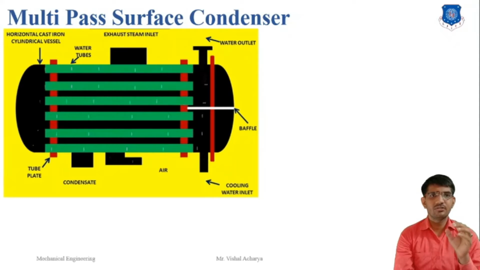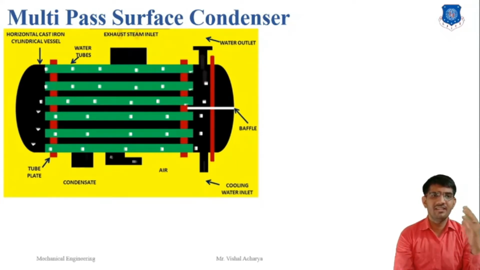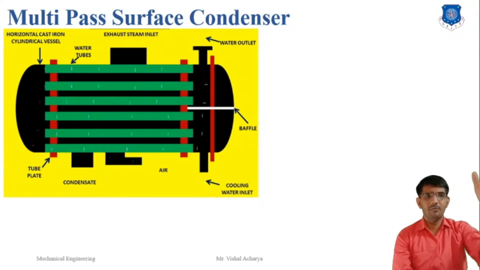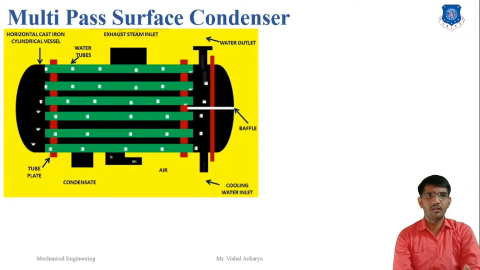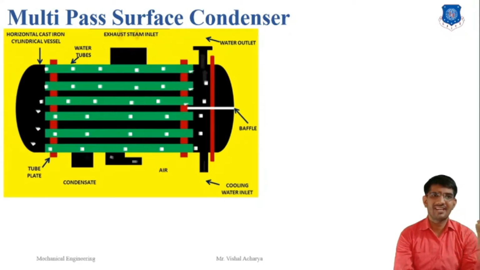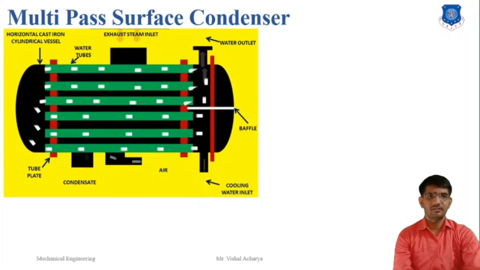The exhaust steam from the turbine or engine enters at the top and moves downward due to the suction of the air extraction pump. In the condenser, the cooling water enters through the lower half of the tubes in one direction and returns in the opposite direction through the upper half, as shown in the figure.